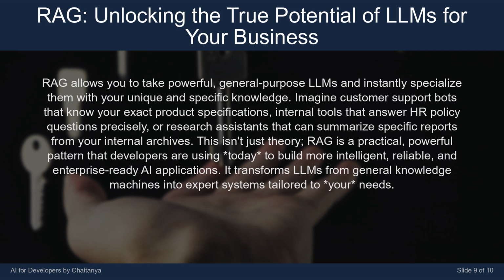This isn't just theory. RAG is a practical, powerful pattern that developers are using today to build more intelligent, reliable, and enterprise-ready AI applications. It transforms LLMs from general knowledge machines into expert systems tailored to your needs.